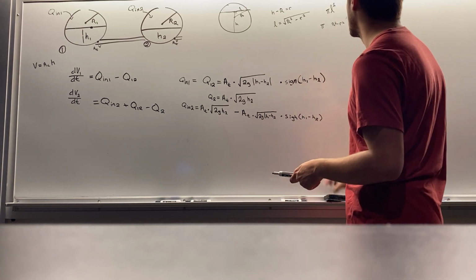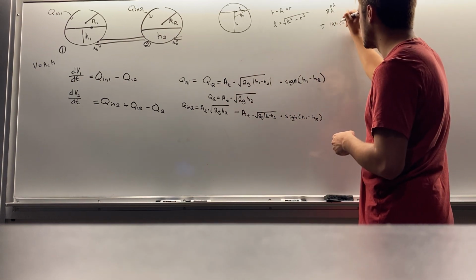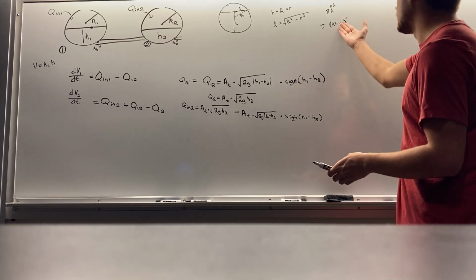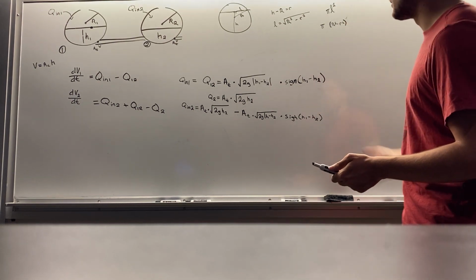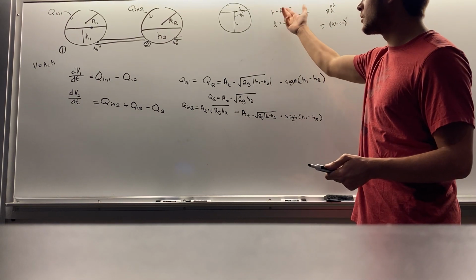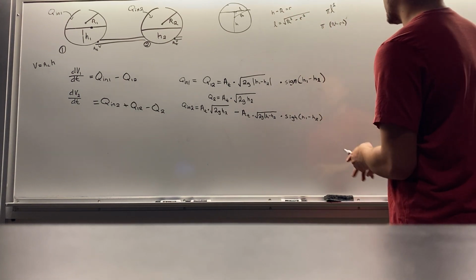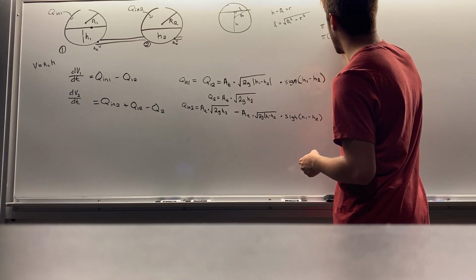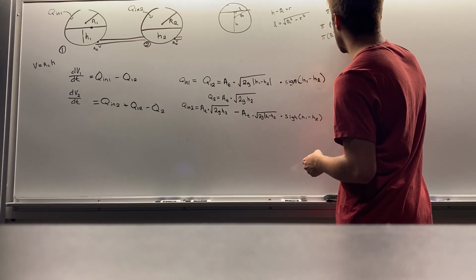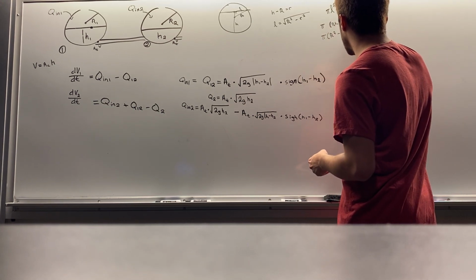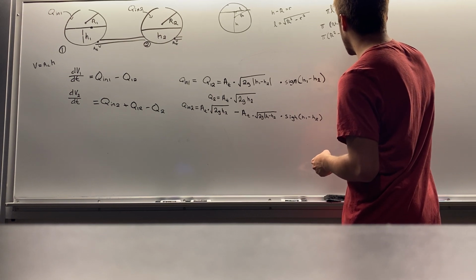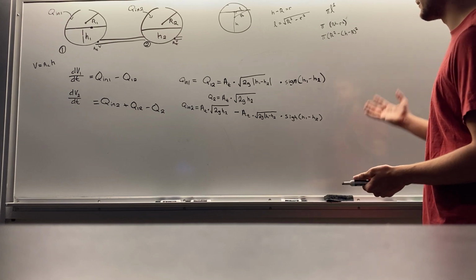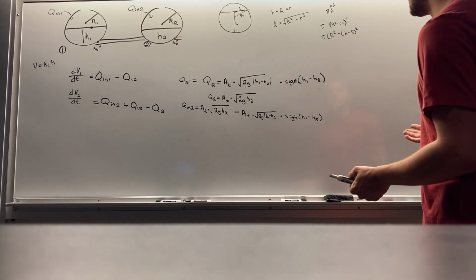So we get pi times R squared minus our position r squared. But the problem is we don't know what little r is, but we do know that little r is going to be equal to h minus R. So we can just plug that in, and we get pi times R squared minus (h minus R) squared. And that's our cross-sectional area at a given height.